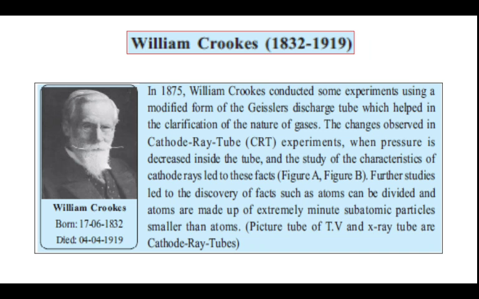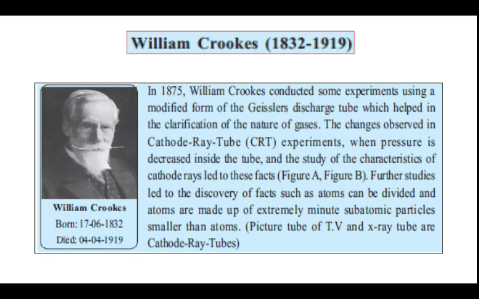Next is William Crookes. In 1875, William Crookes conducted some experiments using a modified form of Geissler's discharge tube, which helped in the clarification of the nature of gases.